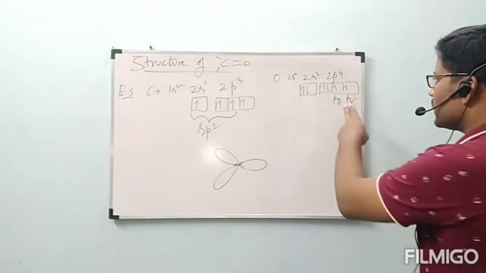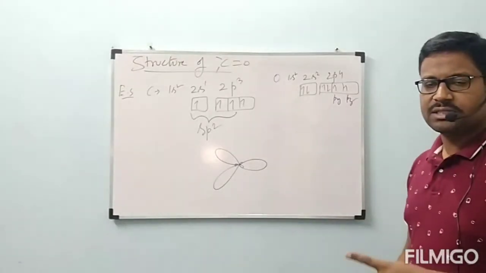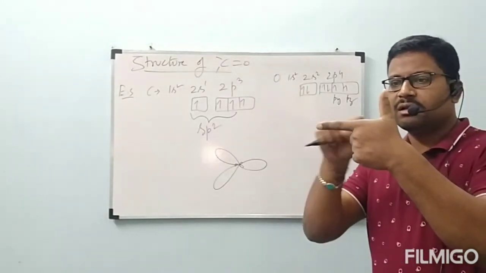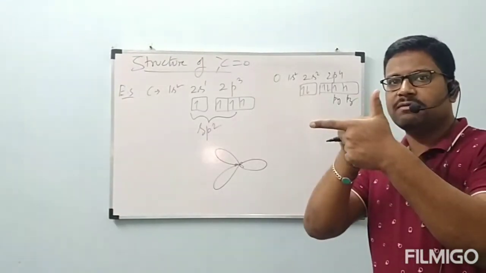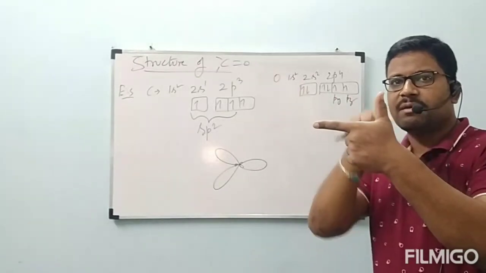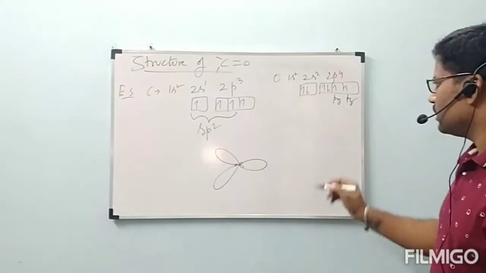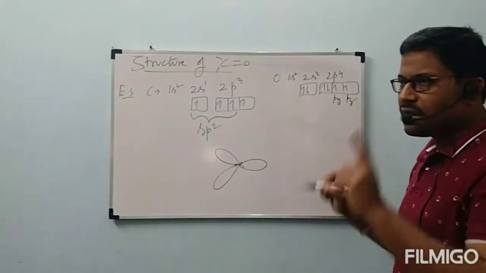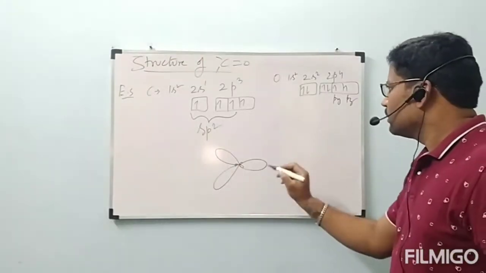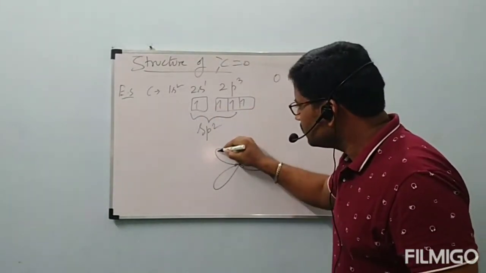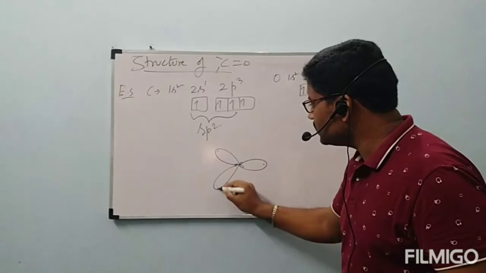What is the angle between the py and pz orbitals? Those two are perpendicular to each other. If this is py, the dumbbell will be present like this. Pz, the dumbbell will be present like this. Those are perpendicular to each other. In carbon, one orbital has one unpaired electron, so these unpaired electrons are represented like this.